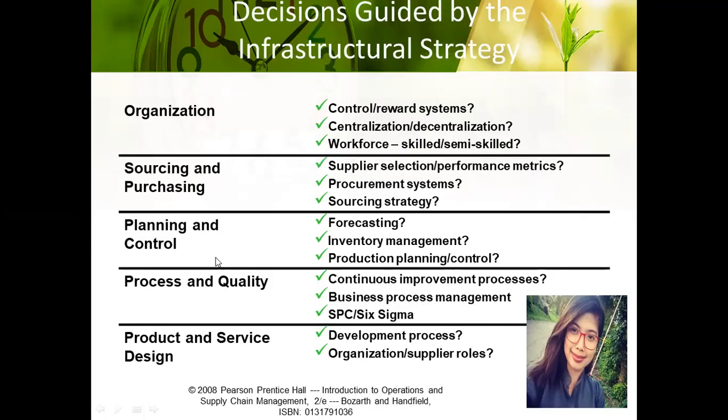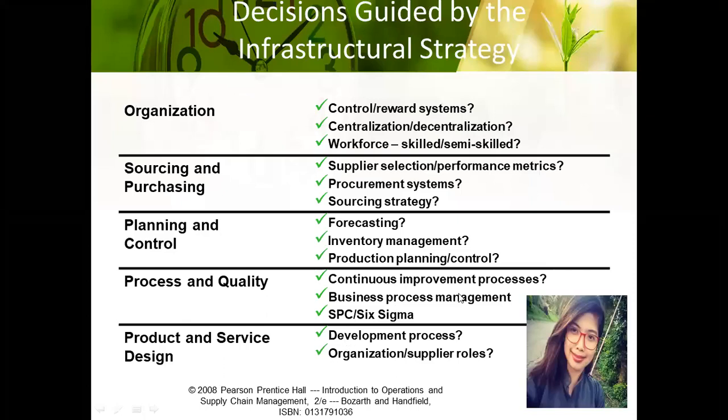For the planning and control, we have the forecasting, inventory management, and the production planning and control. For the process and quality, the supply chain should be guided with continuous improvement processes, business process management, and Six Sigma or SPC. Then for the product and service design, the development process and the organizational supplier roles.